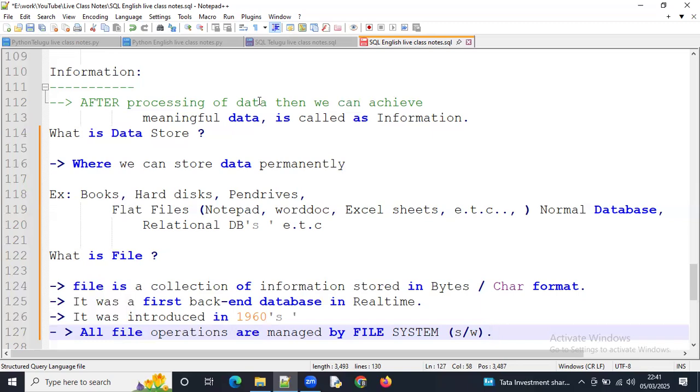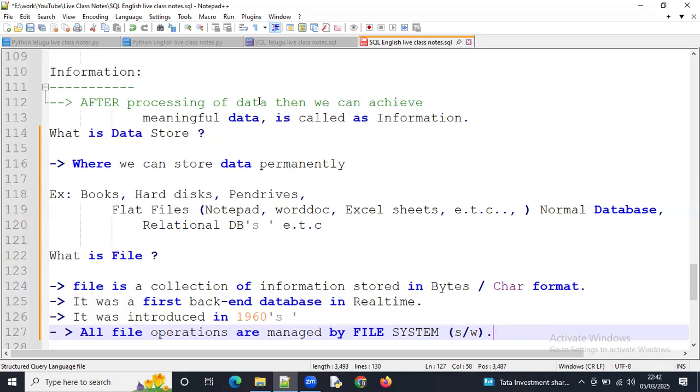Next, we have to store that information. We will store that information in a data store. What is a data store?